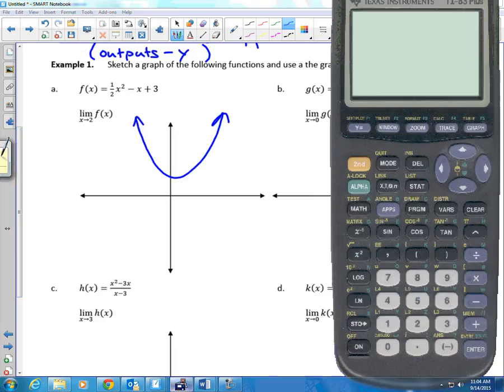And what would be a reasonable guess? We'll type in our calculator and try to make a reasonable guess here. 0.5 x squared minus x plus 3. Zoom standard. Okay, as x approaches 2, I'm going to get really close to, what do the y values approach approximately?